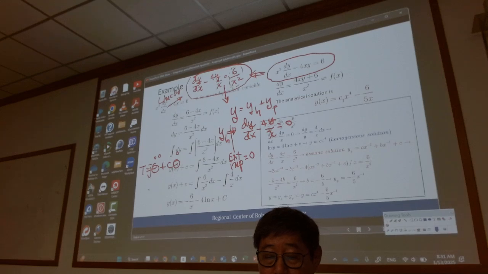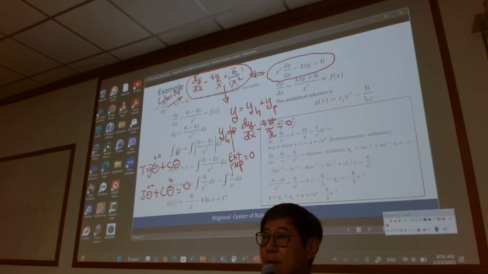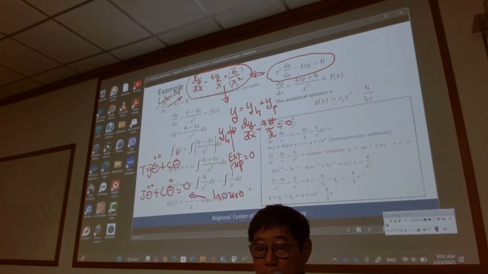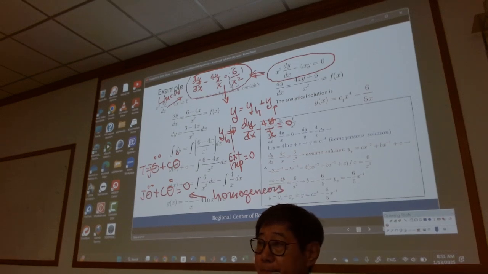First of all, the homogeneous solution: J theta double dot plus C theta dot equal to 0, right? That's a homogeneous equation, with the input set to zero first.